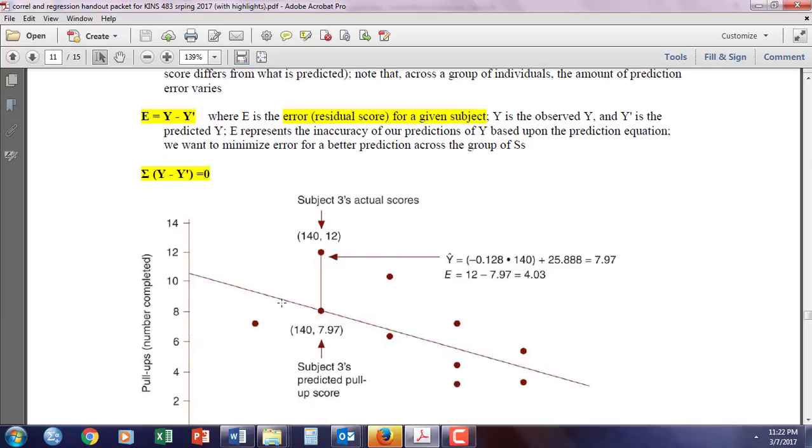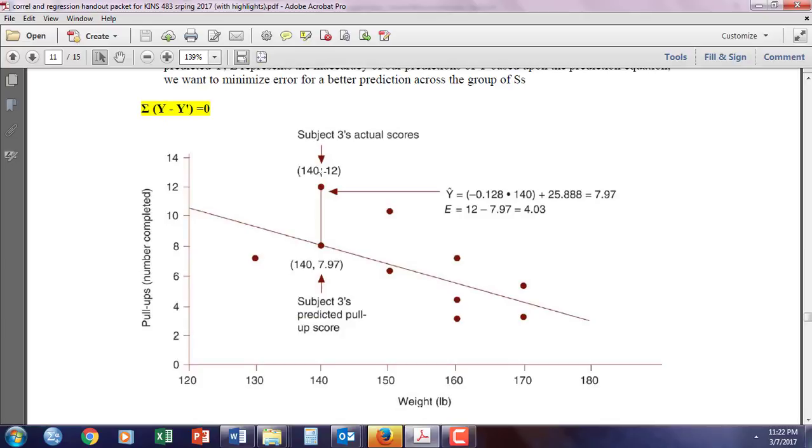We've walked through this example in the slides, and we saw that for subject number 3, we're going to predict based on their weight of 140 and this line of regression, this line of best fit, that they do about 8 pull-ups, when in fact they do 12. The error is the difference between their actual score and the prediction, so that makes for 4.03 pull-ups.